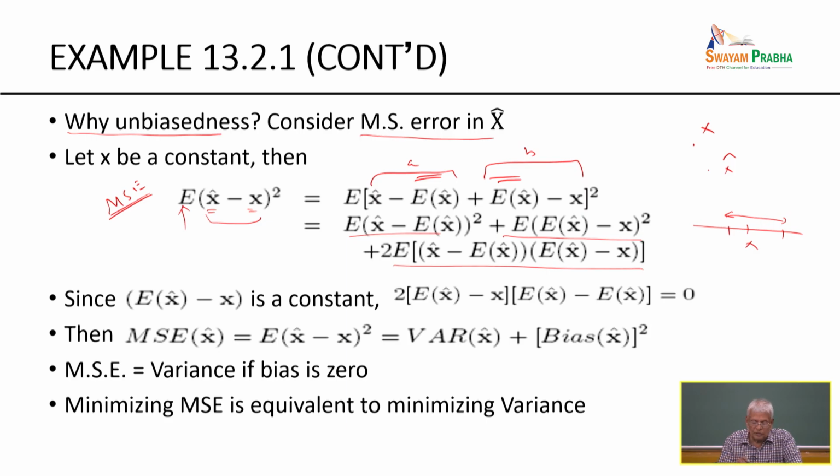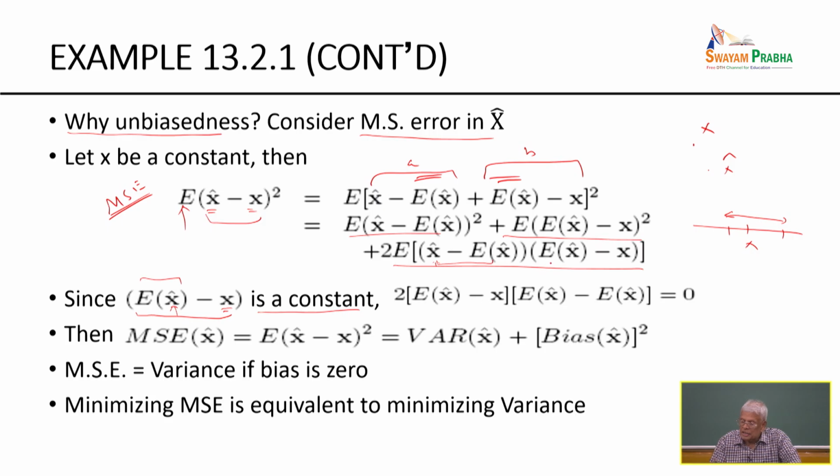Now I'm going to look at the terms. X is a constant. X hat is a random variable. E of x hat is the mean of the random variable, and the mean of a random variable is a constant. Therefore, the difference between E of x hat and x is a constant. So consider this cross term. Here x hat minus E of x hat is a random variable.